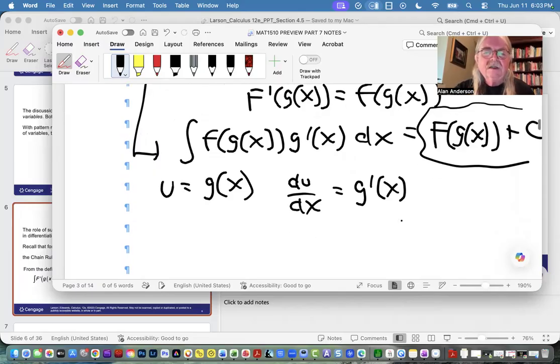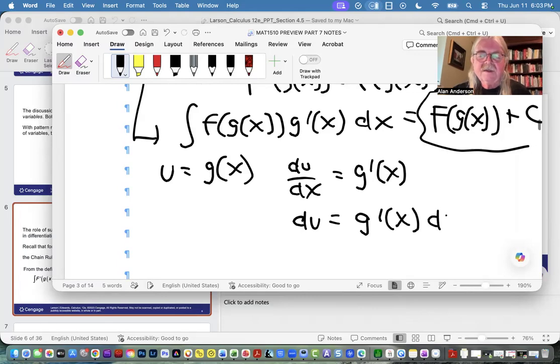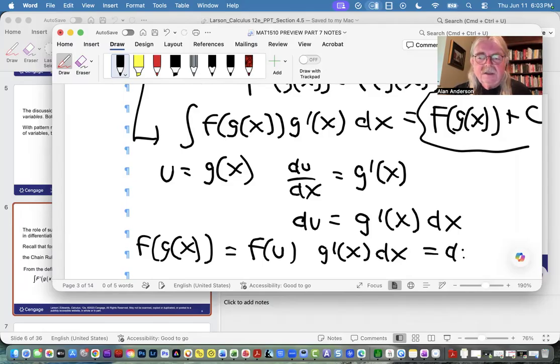And in turn, du equals g prime of x dx. All right. So if that happens, then this is equal to f of u, and g prime of x dx is du.